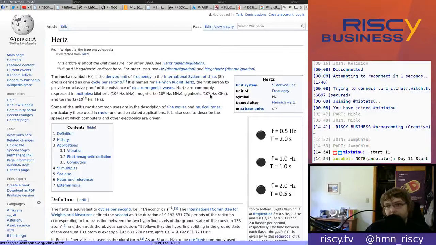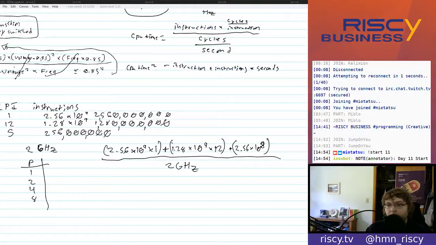So gigahertz is 10 to the 9th hertz. So we say 2 times 10 to the 9th.